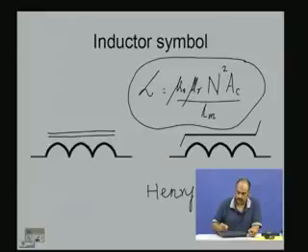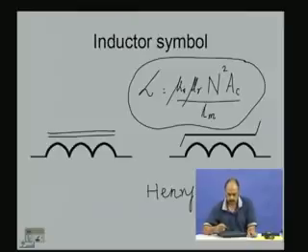You see that the inductance is proportional to n square, it is proportional to the cross section area of the core, and it is inversely proportional to the magnetic path length of the core, and it is also proportional to mu r, the relative permeability of the core material, and of course, this is mu naught, which is the permeability of air, which is 4 pi into 10 to the power of minus 7 Henry per meter.